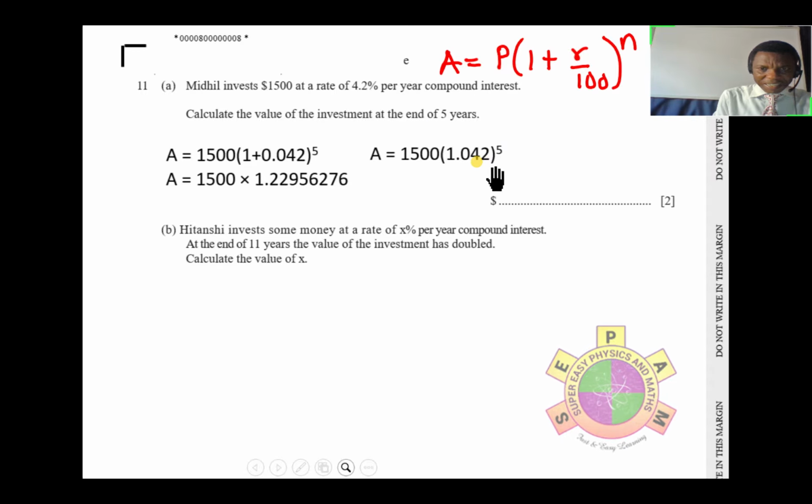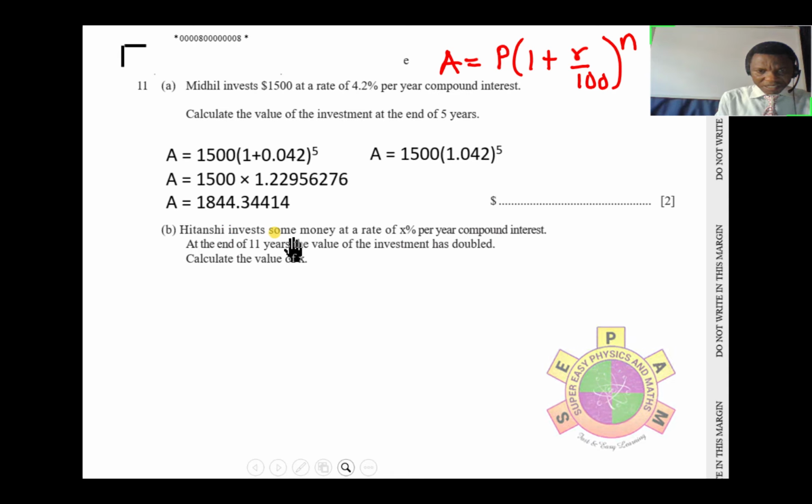If you expand the bracket, raised to power 5, that will give you 1.222. Use it to multiply the principal amount, and that amounts to $1,844.3. So that is the amount.